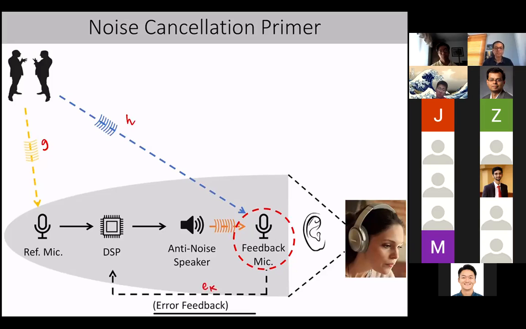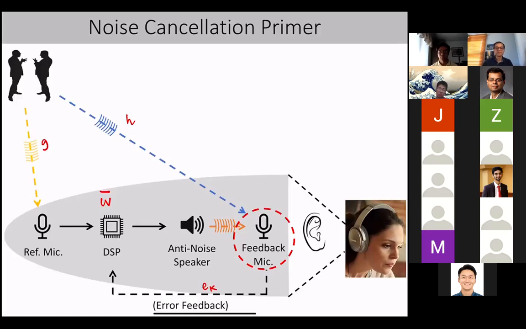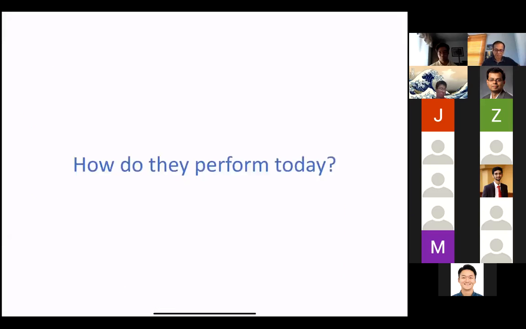We talked about all of this now. DSP's job is to figure out this W vector. Make sense? This is exactly what we saw. The question is, how do they perform today? This is exactly what is happening in today's noise cancellation headphones. How do they perform? Okay.